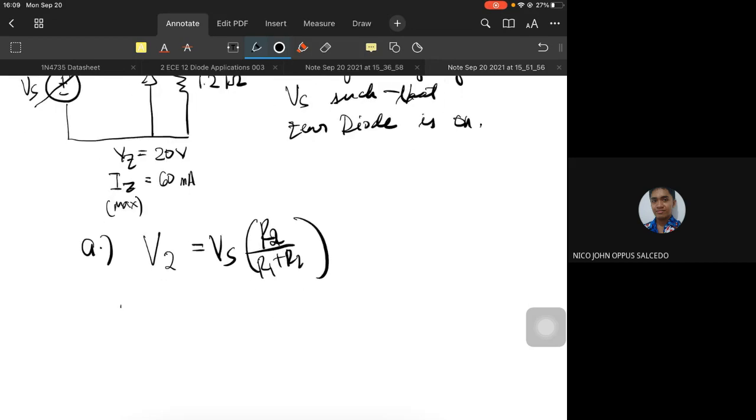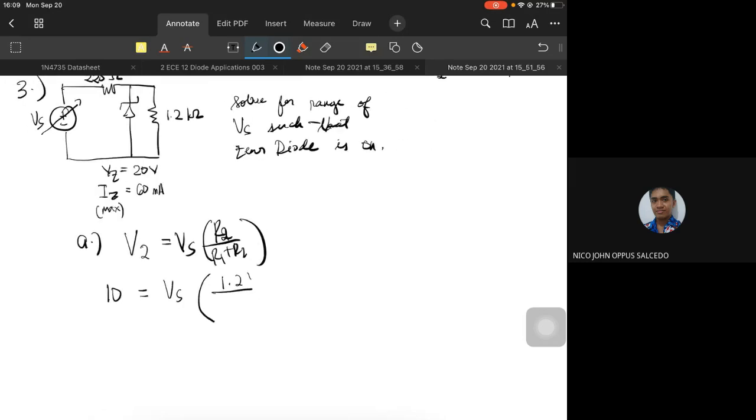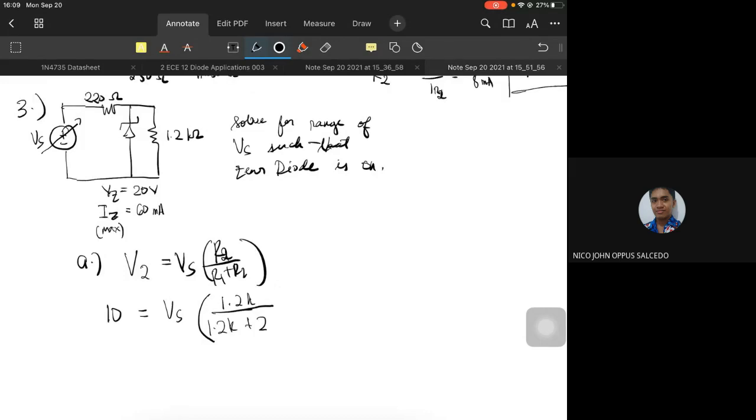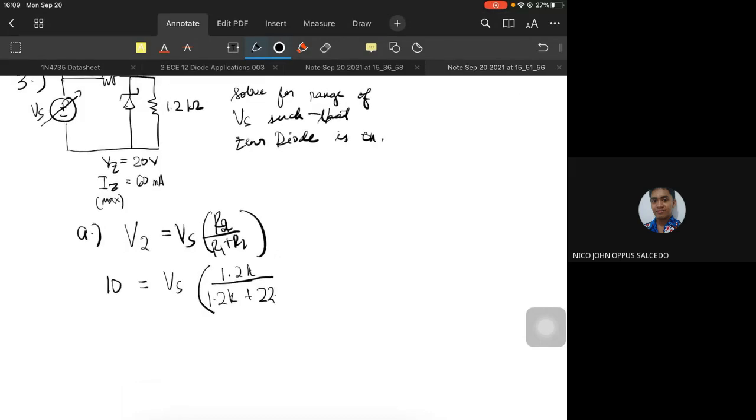So V2 is 10 volts. Vs is unknown. R1 is 1.2K over 1.2K plus 220 ohms.